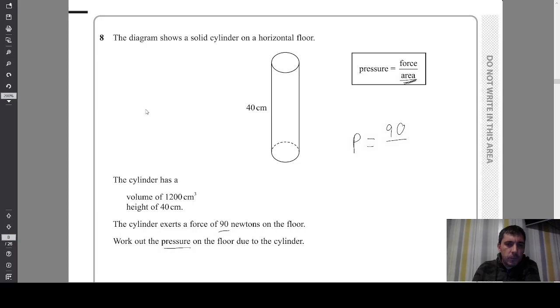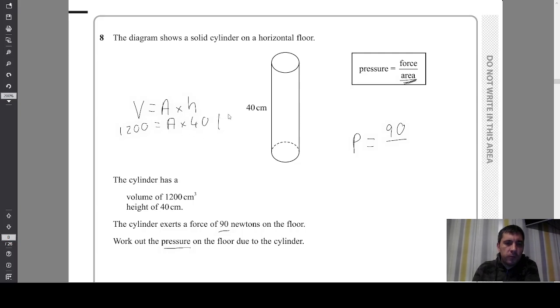The volume of the cylinder is area multiplied by height. Substitute that into the formula, so 1,200 equals area times 40.